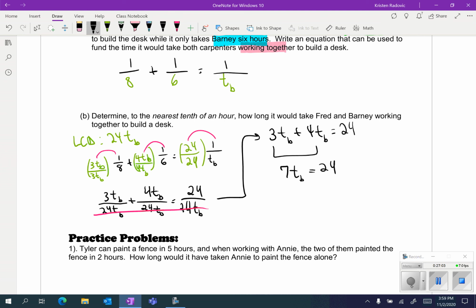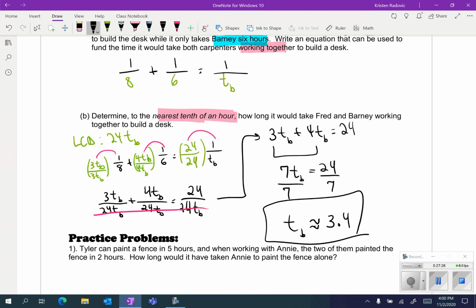And when you divide by 7, you get a number that's not nice. But that's okay because this problem told you to round to the nearest tenth. And that means you shouldn't be getting a nice answer. So it's about, when you round, 24 divided by 7 is about 3.4 hours. And you're done.